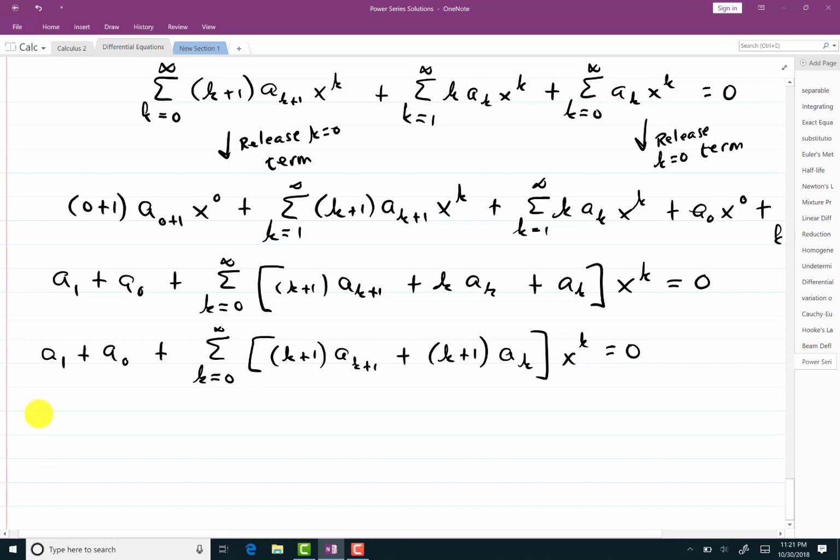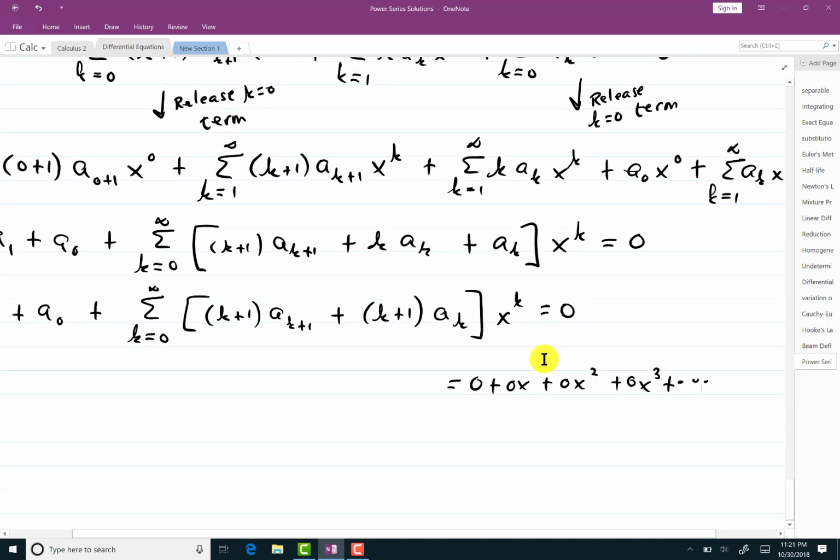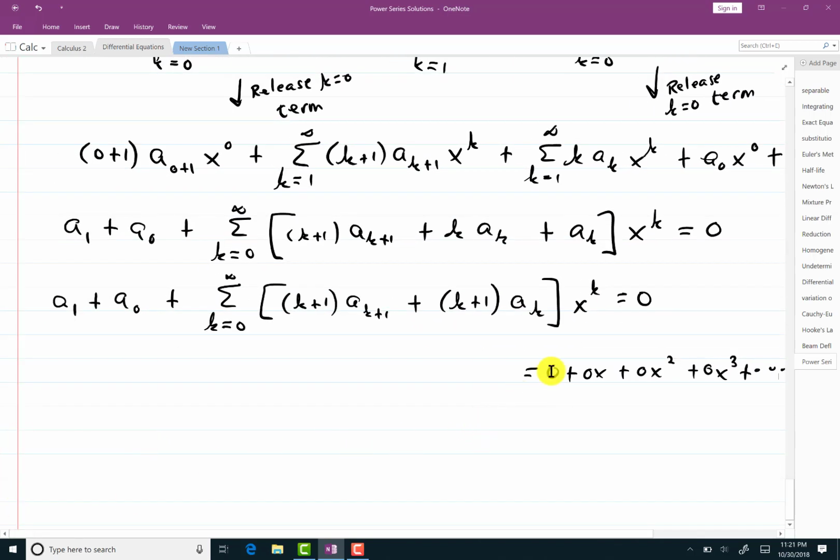As before, we note that this 0 is actually equal to 0 plus 0x plus 0x squared plus 0x cubed plus, and that will go on. What that means is that 0 is the constant term. So this right here equals 0. And every single coefficient on x is also 0.